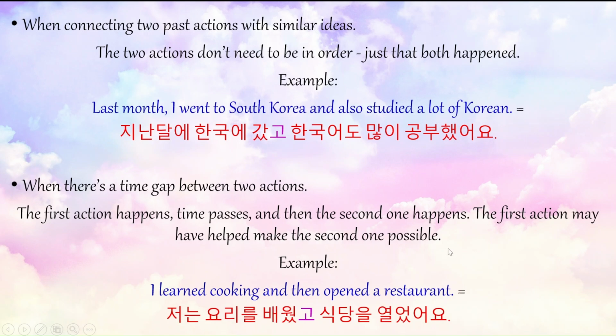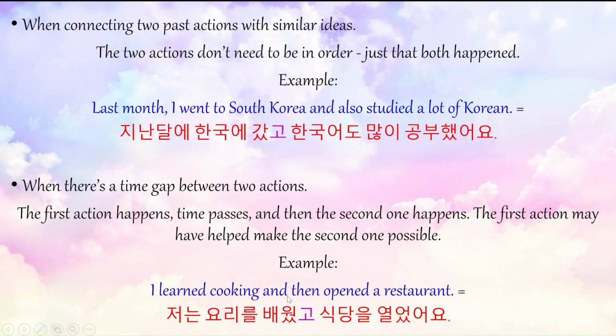So it may be possible that the first action was responsible for the occurrence of the second action. So, if two actions are happening, but there is a time gap between them, then you conjugate the first action. Let's look at this example.